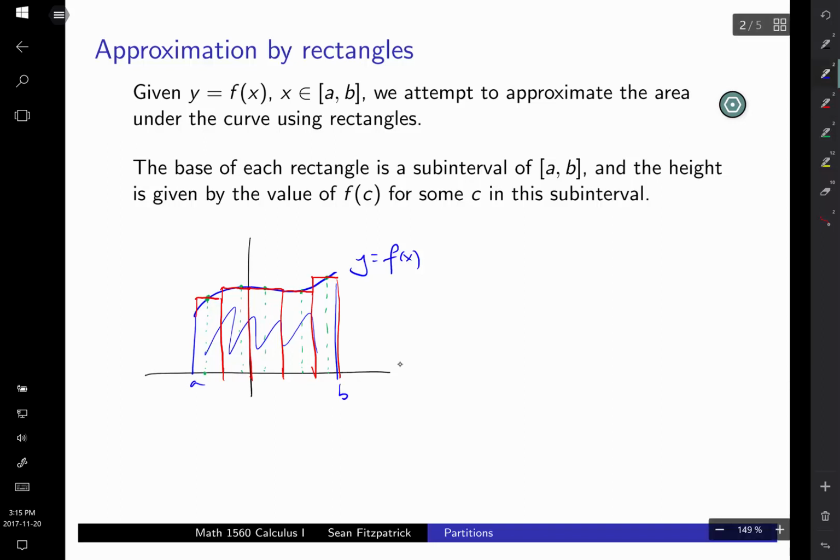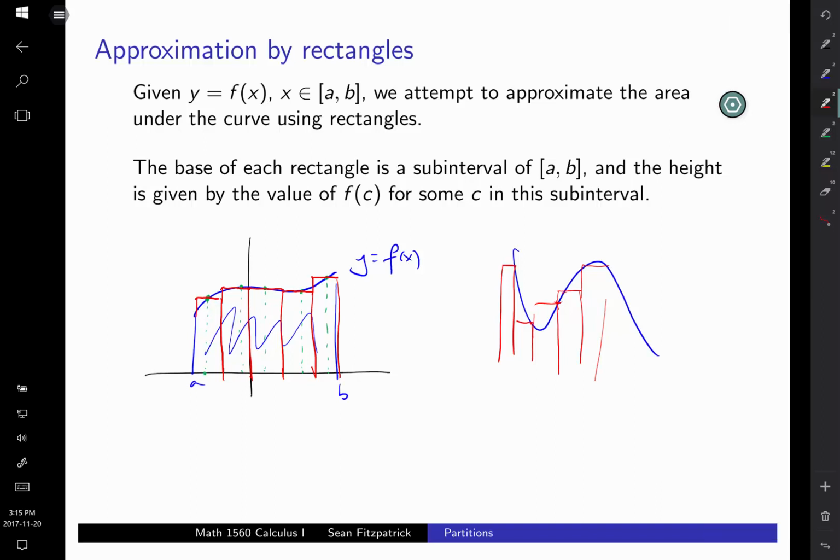If I had a function where the graph went like this, and I tried the same sort of thing with rectangles, I might be here, and then the next point I'm down here, and then the next one maybe I'm up there, and then I'm here, and so I might end up missing a piece. I might end up being quite a bit over or quite a bit under, depending on how much the function changes and how many rectangles I use. But the idea is still the same. We can approximate using these rectangles.